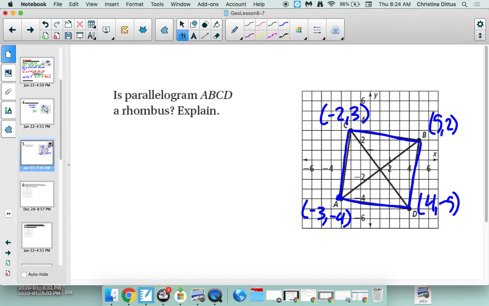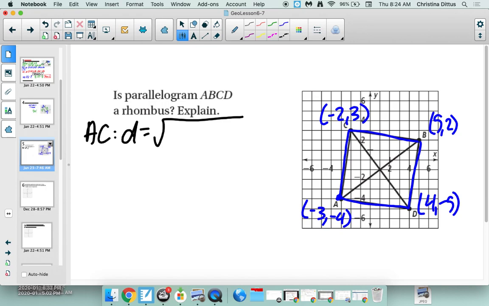Which line? The one on the left. AC. Okay. How do I find distance? Plug it in.